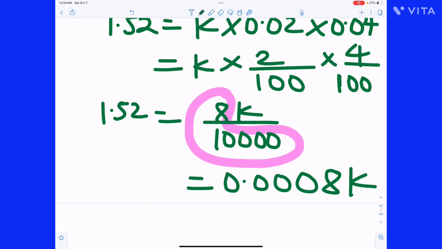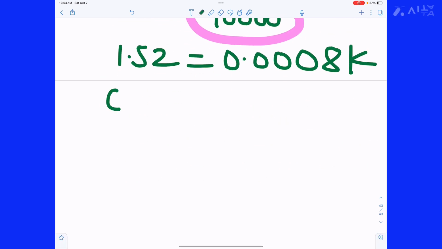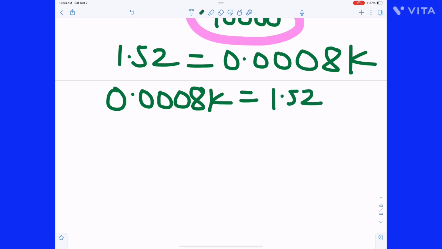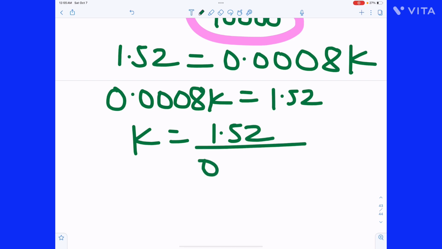Let's just make our left hand side be 1.52. So rearranging, 0.0008k is 1.52. So k is 1.52 over 0.0008.